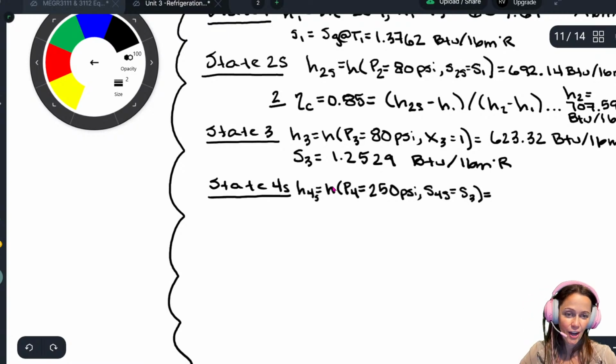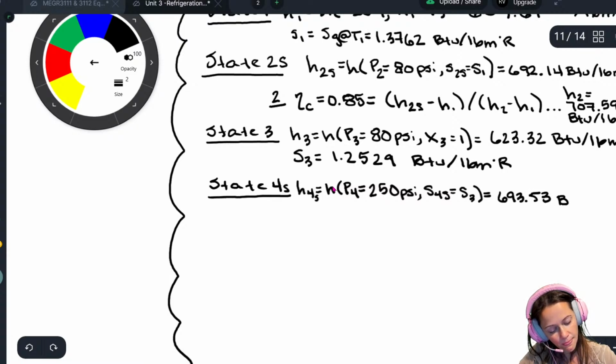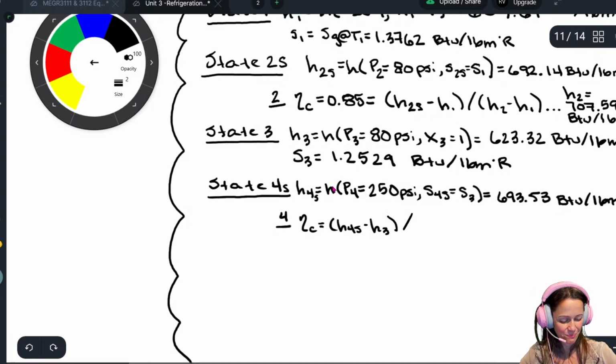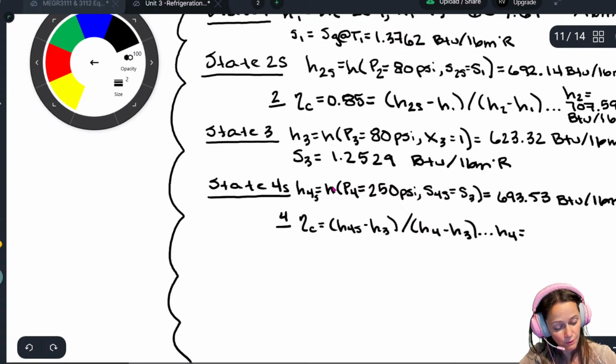Let's see what it is: 693.53. Then for state 4, isentropic efficiency is H4S minus H3 over H4 minus H3, and that's where we get our H4 value. So our H4 ends up being 705.92.